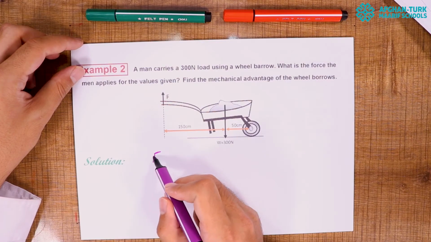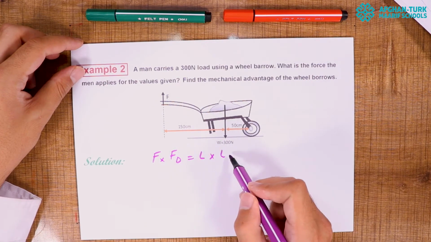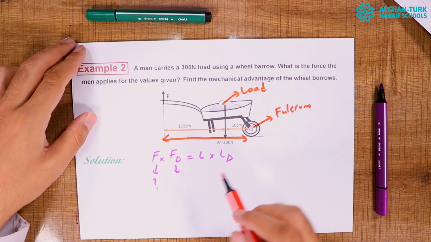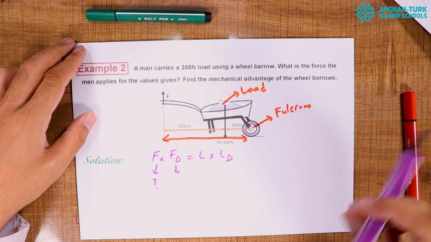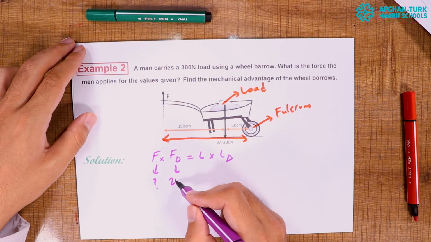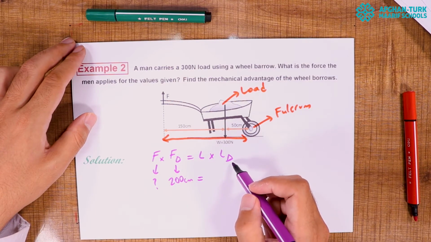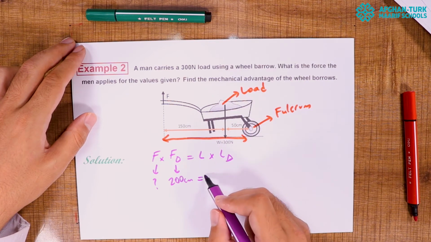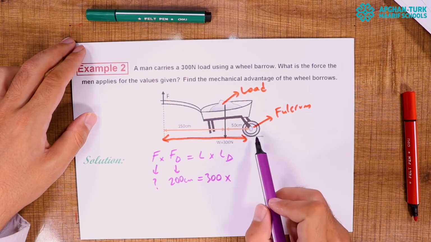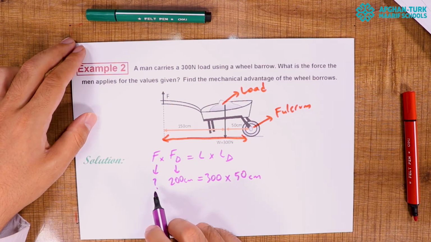So my formula was F times force distance is equal to load times load distance. So I'm looking for F here. What is force distance? The force distance is equal to 150 centimeter plus 50 centimeter, and that's equal to 200 centimeter. My load is 300 Newton times load distance, and the load distance is equal to 50 centimeter. So I was looking for the force.